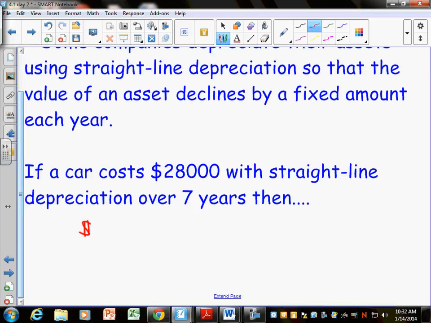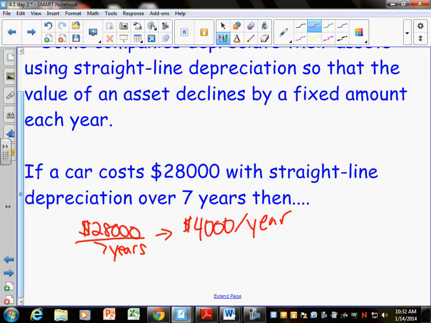So if it costs $28,000 and we're using straight line depreciation over 7 years, all you do is divide that, and what's 28,000 divided by 7? That means that this car is losing $4,000 per year.